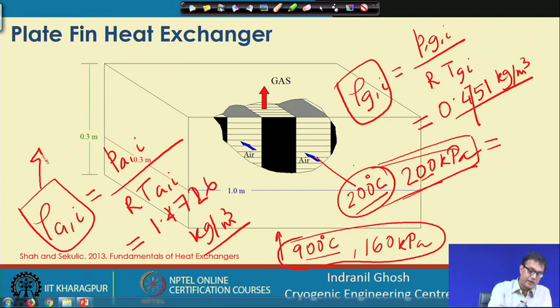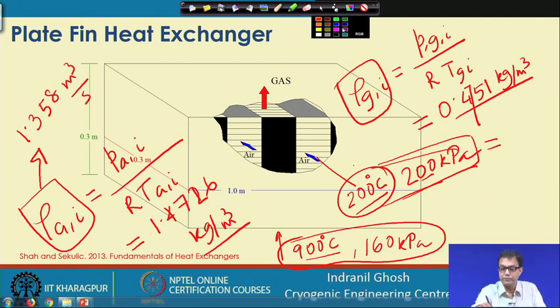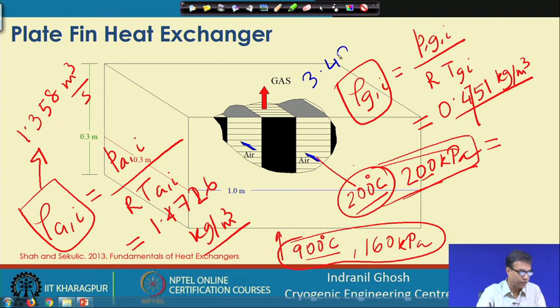We have the volumetric flow rate of air given as 1.358 meter cube per second, and the volumetric flow rate of the gas given as 3.494 meter cube per second.